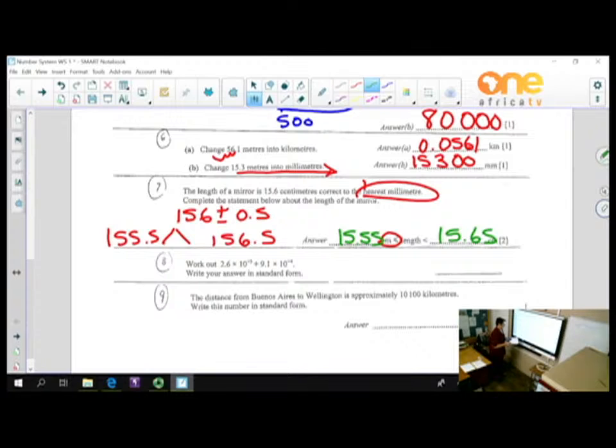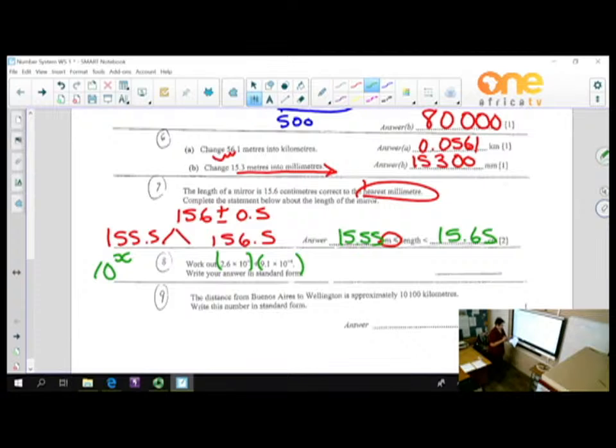Now first we have to do the sum. You'll have to use brackets here, otherwise we won't get the correct answer. Now on your calculator, there's a button at the bottom which says 10 to the power of x. Can you see that one? This is what we're going to use here.